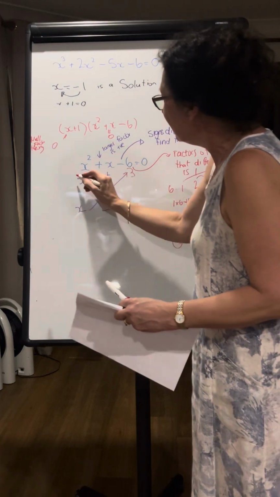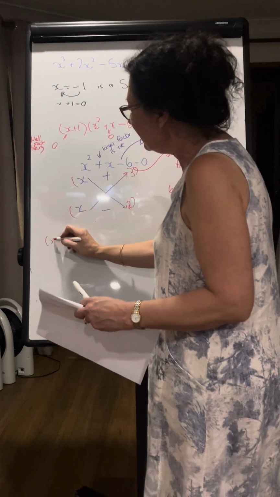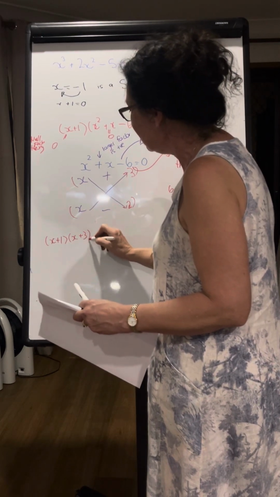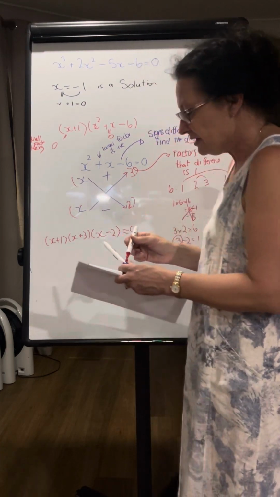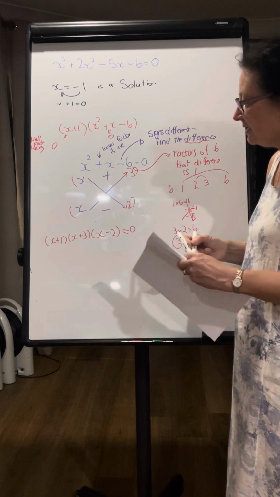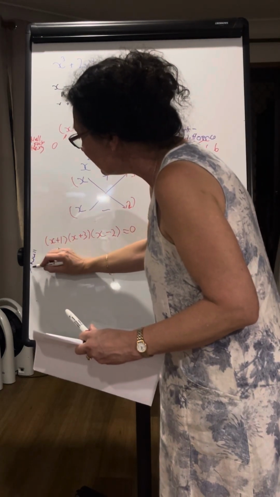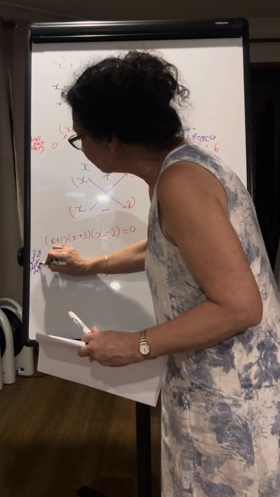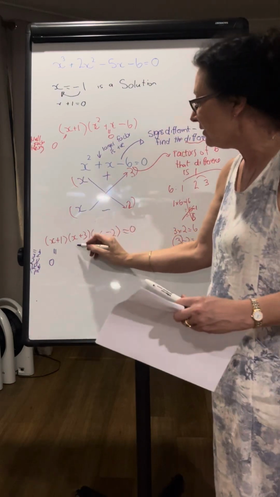So when we get to there, we then go bracket, bracket, bracket. So now I've got (x + 1)(x + 3)(x − 2) = 0. And then we use the null factor theorem, which says, I like to write it on the side, that if that equals 0, 0 times, no matter what these are, will be 0.